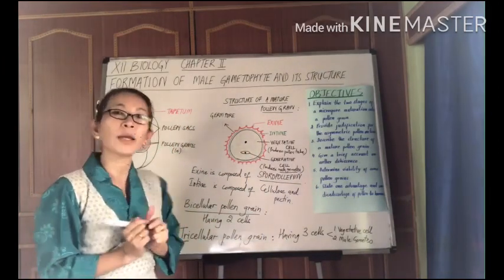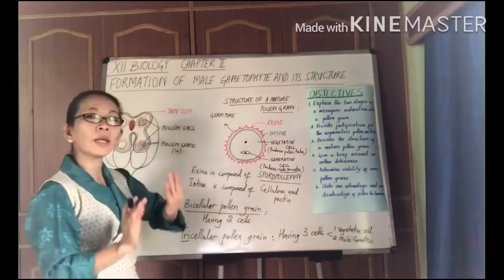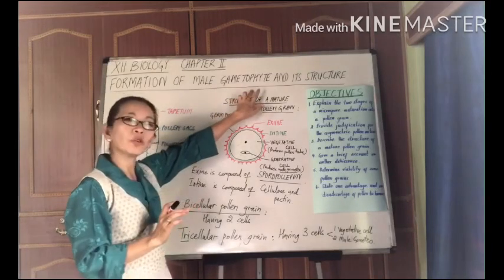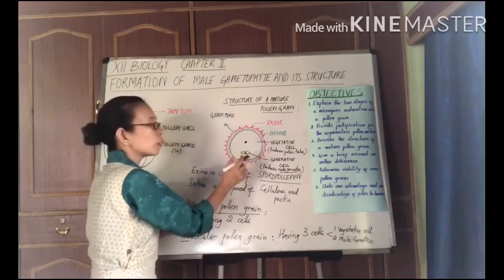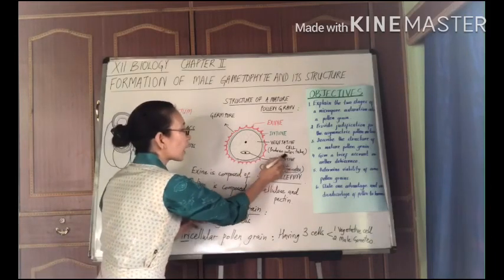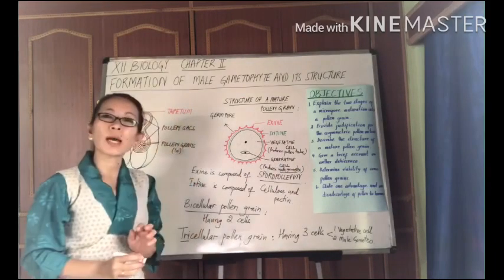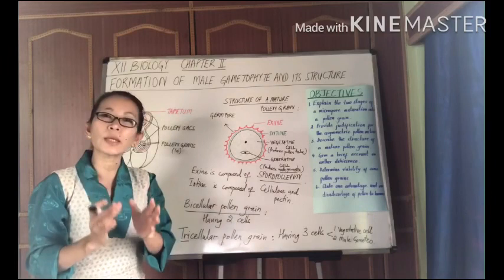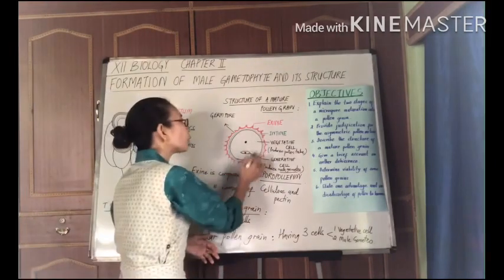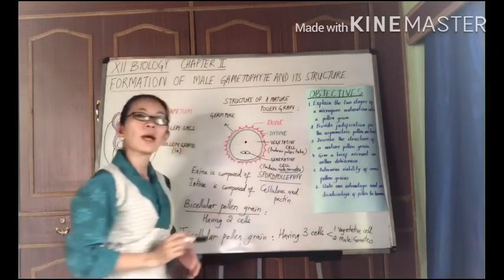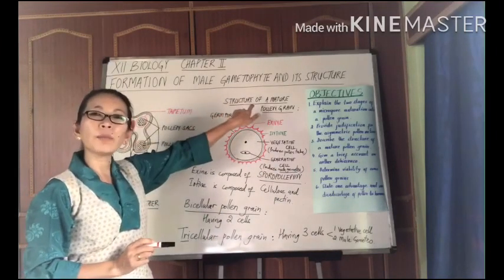And that's the reason why we call pollen grains a male gametophyte. To be very precise, it is the generative cell which produces the male gametes. Because the pollen grain can produce the male gamete, it becomes the male gametophyte.